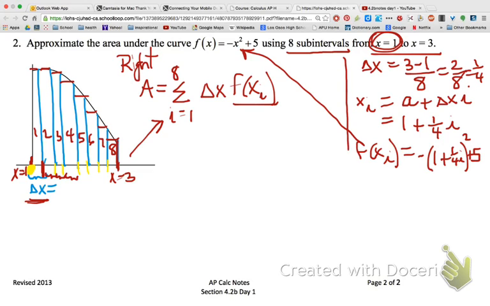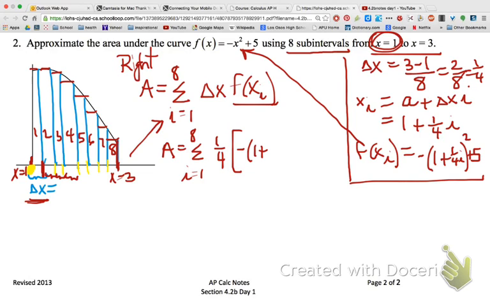So that's all the information that I want to keep handy because I've got to plug it in over here. So now my area looks like this. From 1 to 8, delta x is a fourth, and f of x sub i is all of that stuff I just wrote down.